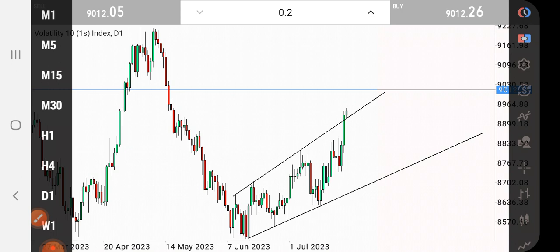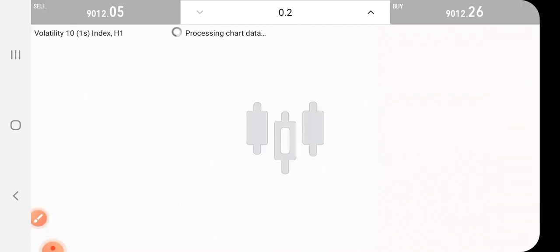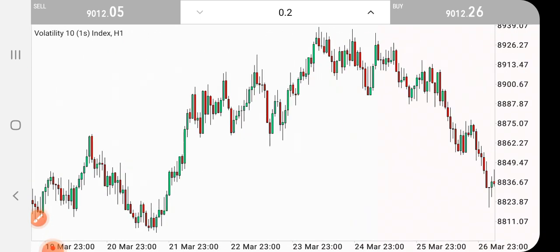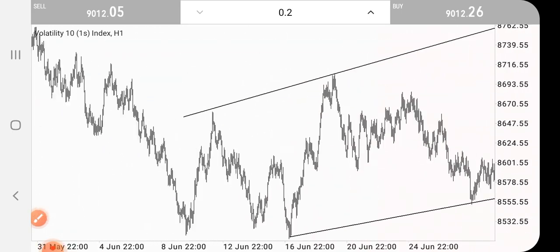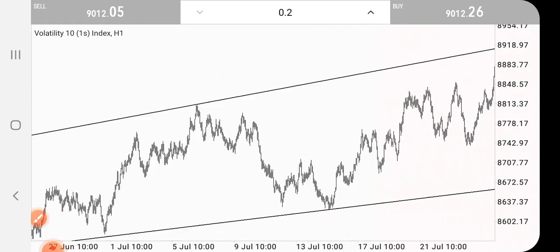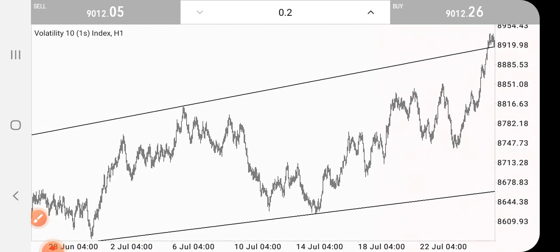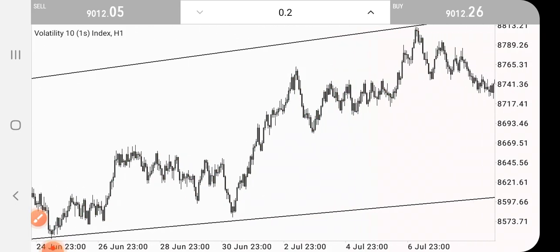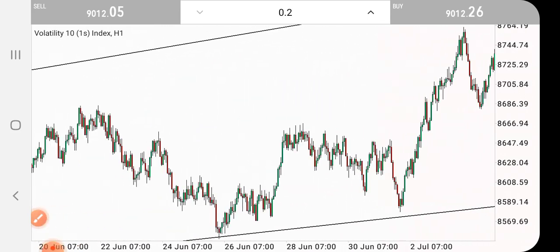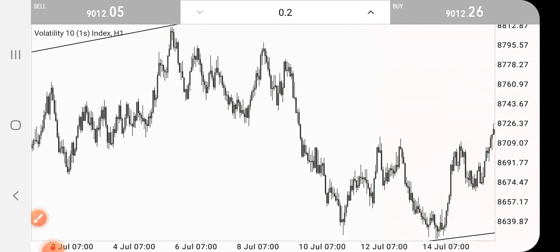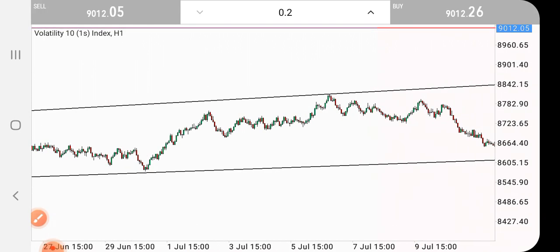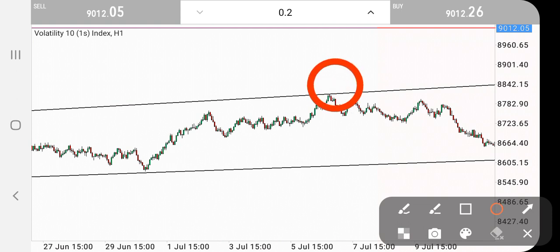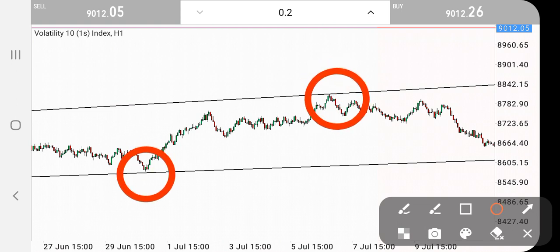From there, let's go to H1. This is our H1 time frame. You can see the market keeps on coming to this point, to our trend line. This is where the market keeps on coming to our trend line.